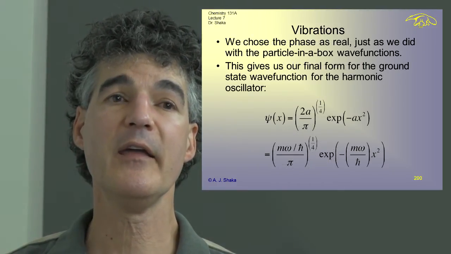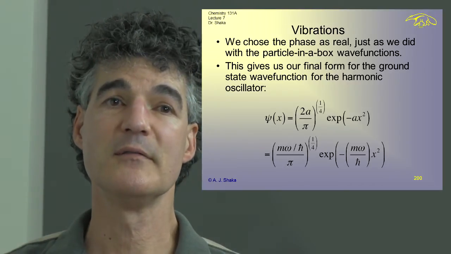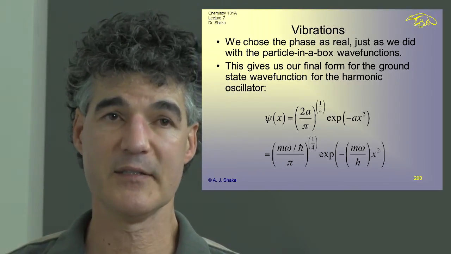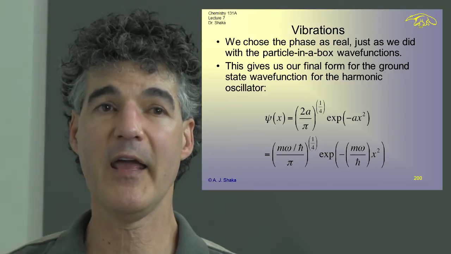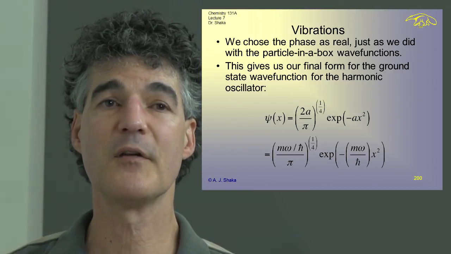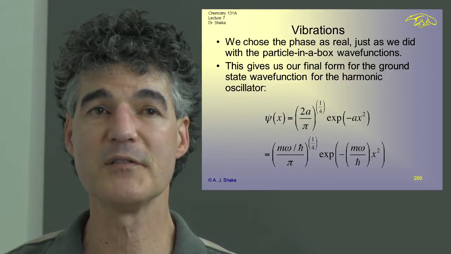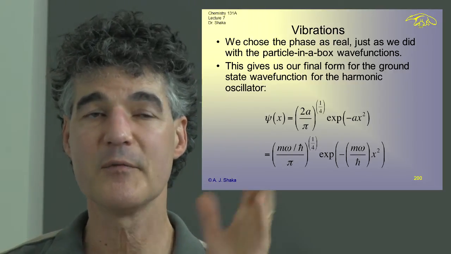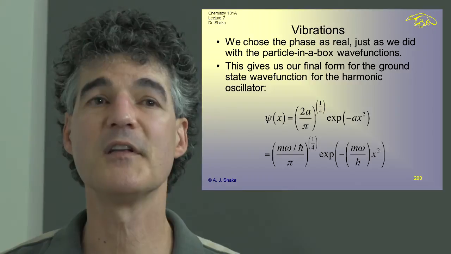We've picked A as usual to have real phase, because we always like A having real phase. We're just biased toward that. Just as we did with the particle in a box wave functions, we had that 2iA, and we said, well, we'll get rid of the i because it doesn't matter.